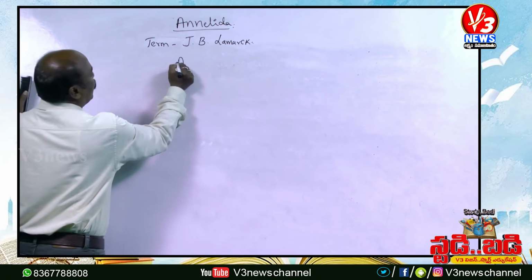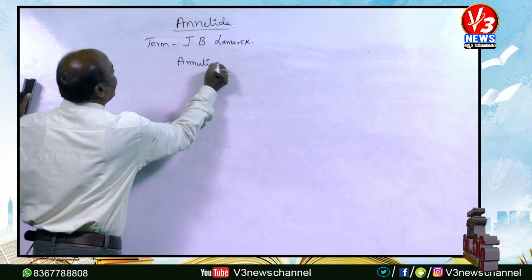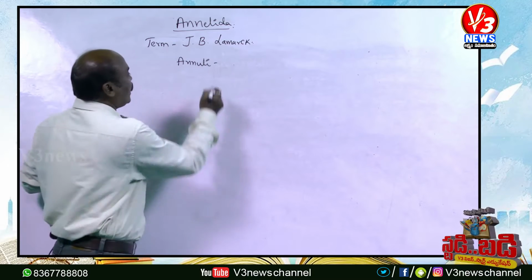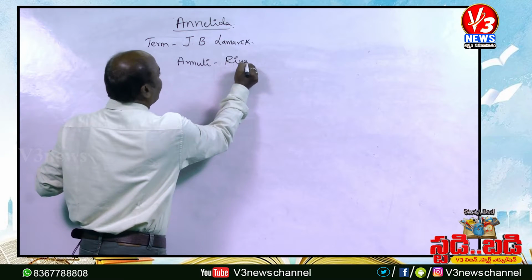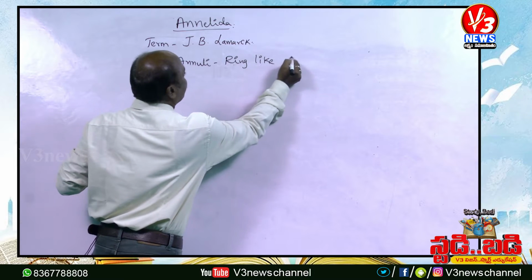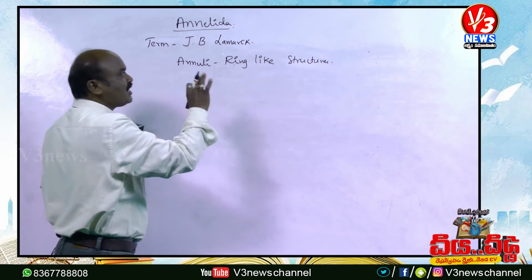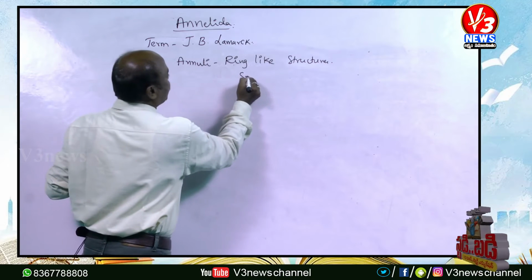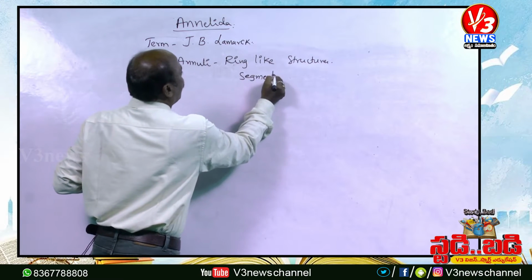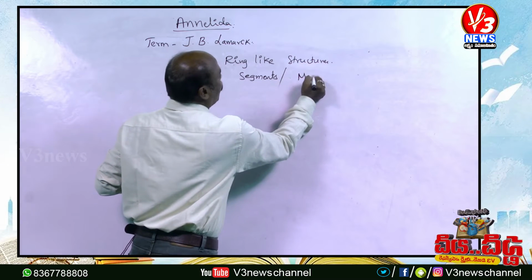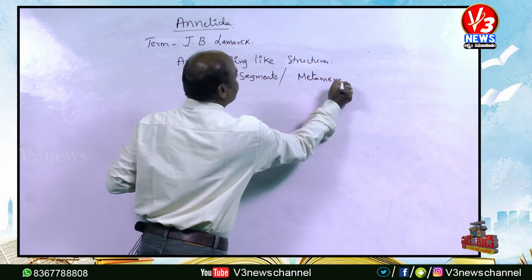So, in what way was the name given to the group Annelida? Simple: the presence of annuli. Annuli means ring-like structures. In a simple way, these are called segments. Technically, these segments are called metameres.